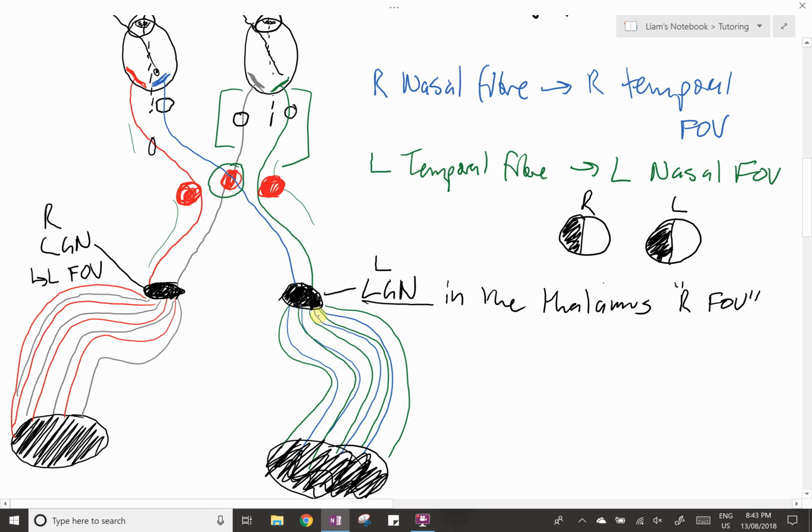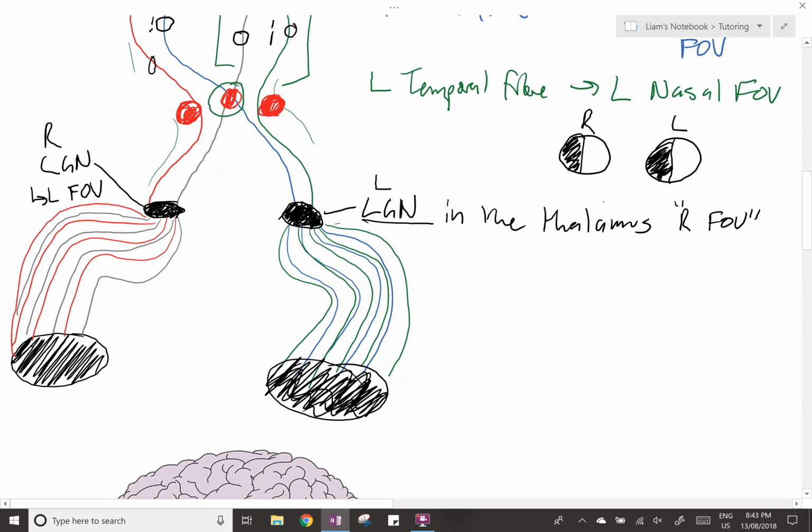From the geniculate nucleus then, we get the optic radiations, which fan out from the back of the nucleus to our primary visual cortex, which we call V1. This is the area where you actually get the processing of visual information, integration with sounds and with taste and with smells and all those kinds of things.